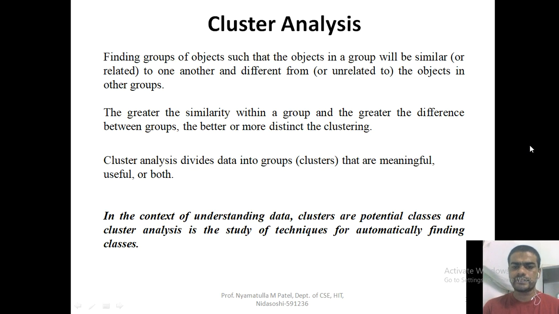In the context of understanding, clusters are potential classes. If you want to understand the data which belongs to different classes or different groups, then clustering is most important. So, clustering analysis is the technique for automatically finding the classes.